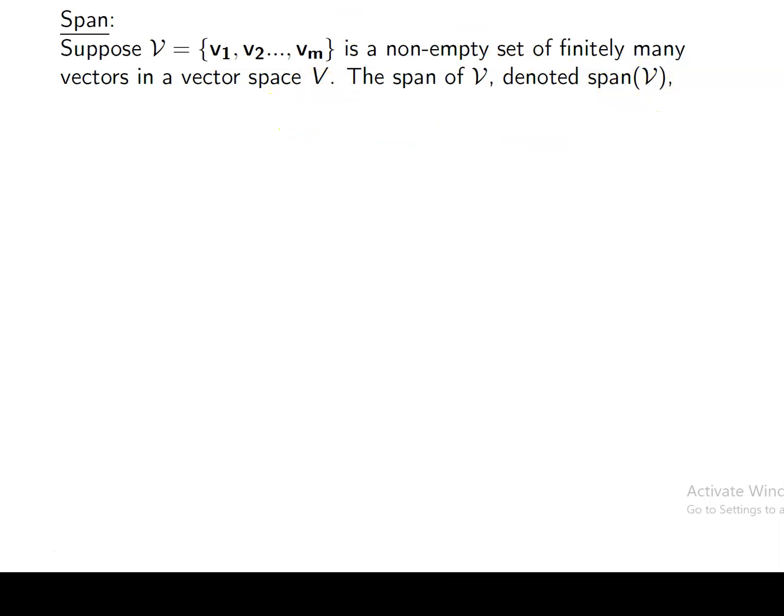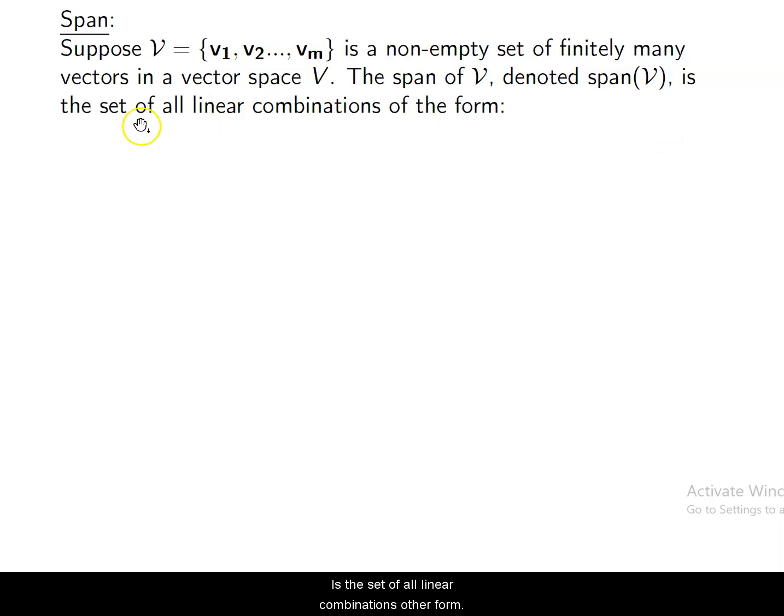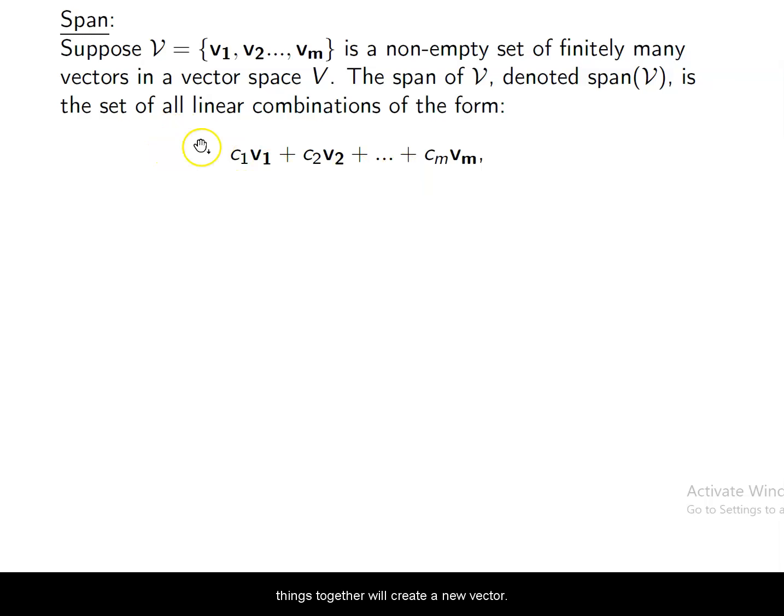The span of this set of objects is the set of all linear combinations of the form some constant multiple times the first vector plus another constant multiple times the second vector, and so forth, across all the vectors. So all the combinations of these things create new vectors, by the way. We're adding these things together, and it will create a new vector. All the vectors that I can create by adding these together in this way, with different constant values here, is the span. Here each c_i is a scalar value.